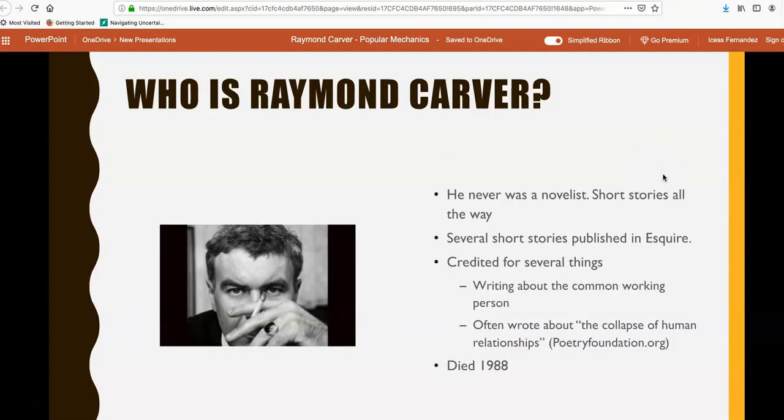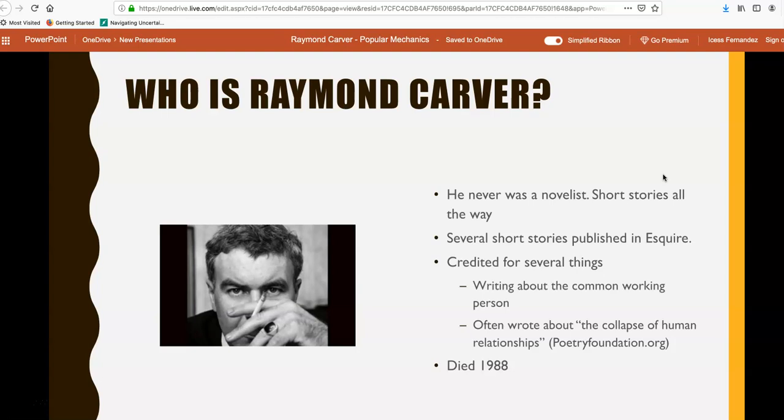He has never written a novel. If you see a novel that says Raymond Carver, don't buy it because it's false. He's had short story collections because he's a short story writer. What he usually writes about is the common working person and the collapse of human relationships. That is what he specializes in.